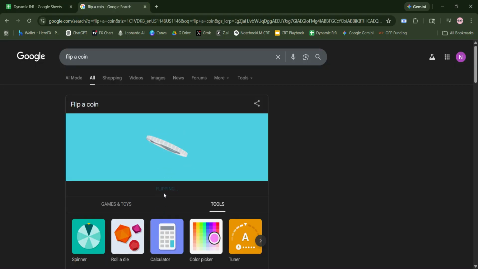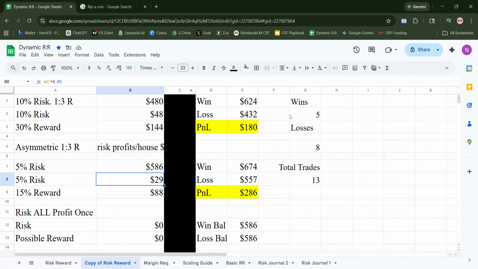Next trade. That is a winner. 624, 674 with $88 worth of risk because we're risking all the profits.